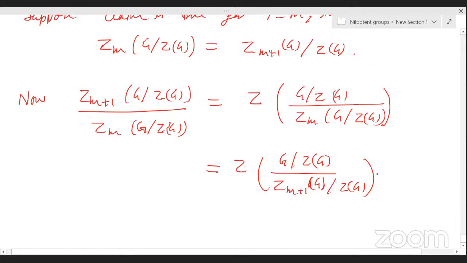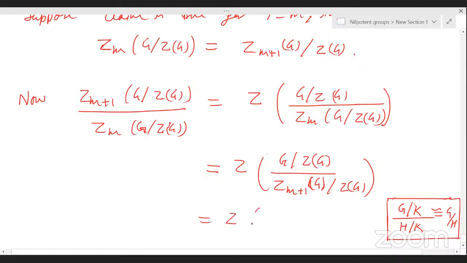Now, you know the isomorphism theorem. The isomorphism theorem says that if you have a group G, you quotient it with some normal subgroup K, and H is another normal subgroup which contains K, then this is isomorphic to G/H. This is the isomorphism theorem. So let us use it here.